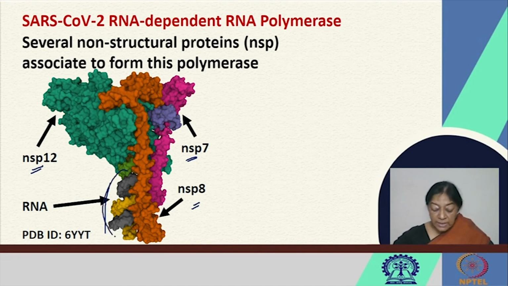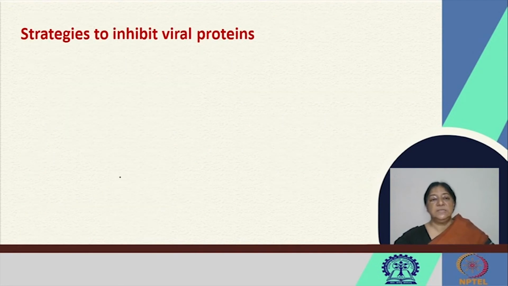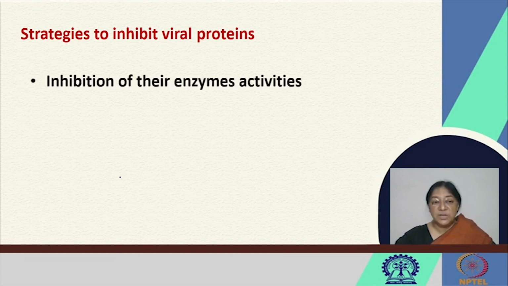So it is an RNA-dependent RNA polymerase, and the main polymerase is NSP12, and NSP7 and 8 keep the polymerase on track and copy portions of the RNA chain to facilitate this. This means that we now need to design or think of strategies to inhibit viral proteins. We have seen the way they act and the way they function.